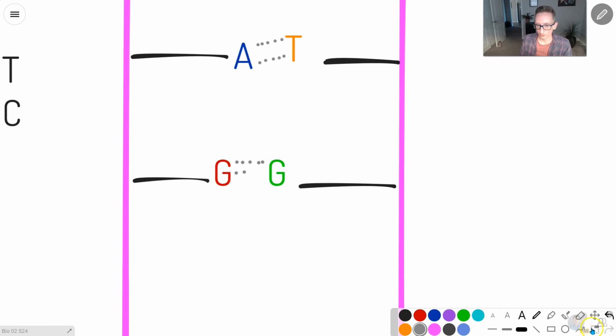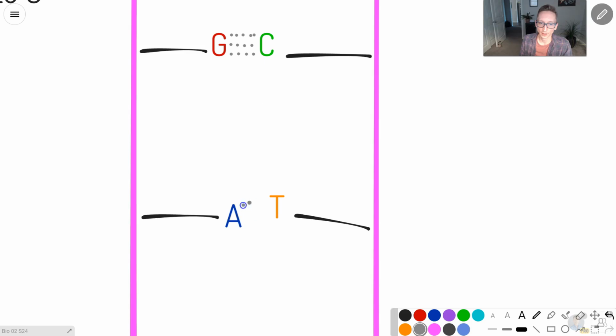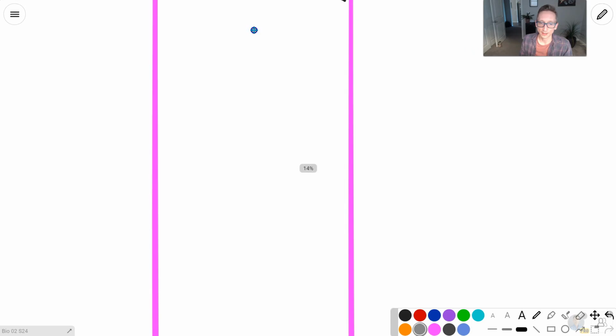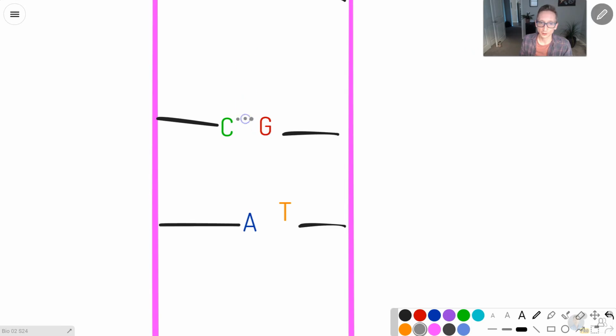Oh, what did I do there? That should be a C. How come nobody corrected me? That should be a C. Guanine and cytosine have 3 hydrogen bonds. So they're actually a little stronger. A and T have 2 hydrogen bonds. And finally, oh no, we got a couple more. So C and G have 3 hydrogen bonds.